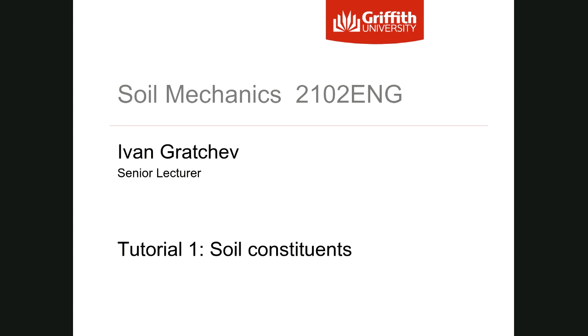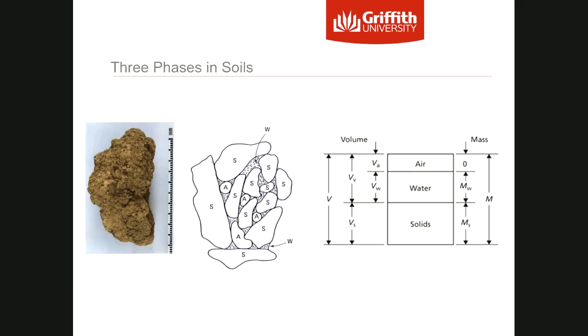So we'll start with soil constituents, and this is the first one. Let me use my pen. I will briefly give you some theory: what soil constituent means, and the three phases in soil.